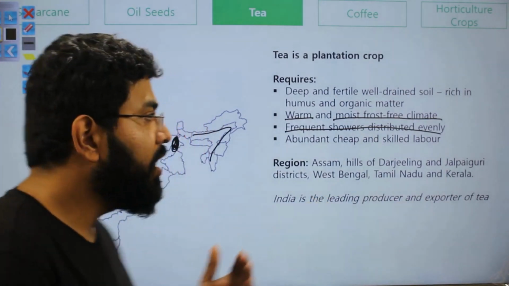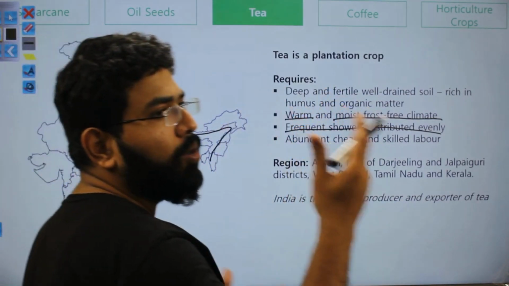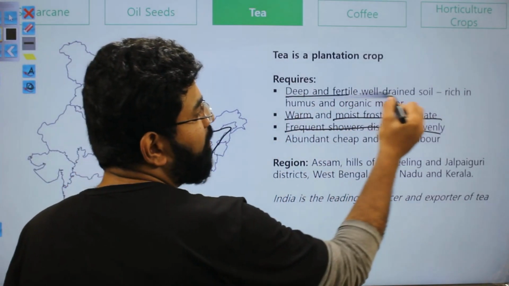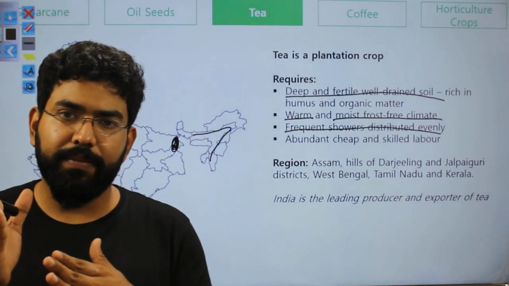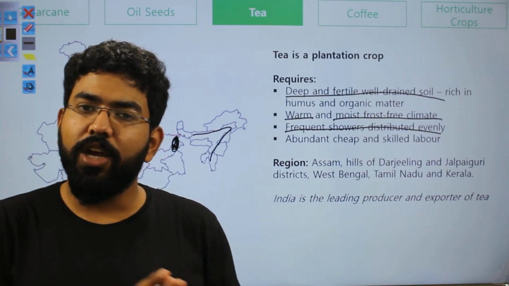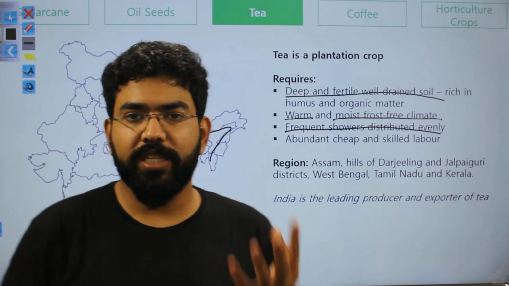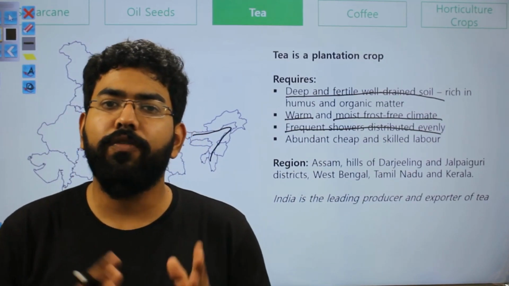Because of that, it is generally done in areas which are just below the mountains. This is a plantation crop, so it needs deep, fertile, well-drained soil. Just below the mountainous areas, you will have plantation crops like tea, in areas where it is warm, rainfall is sufficient and it is frost-free.